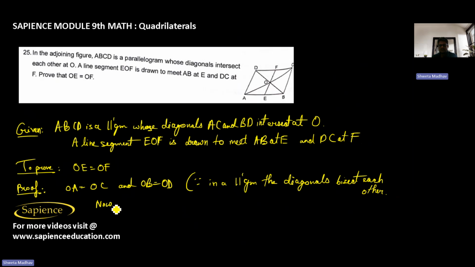Now in triangles OEB and OFD, you can say that angle EOB equals angle FOD, since vertically opposite angles are equal.